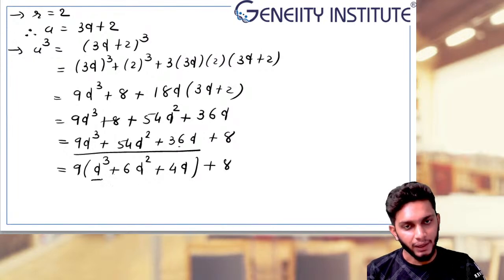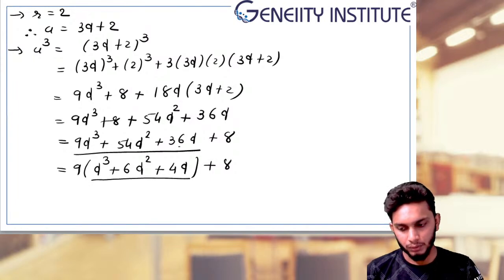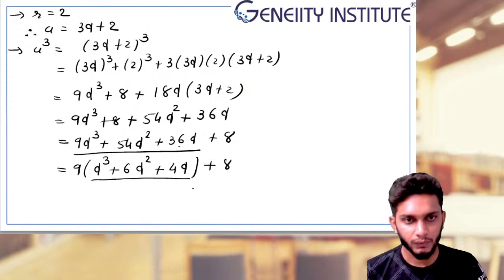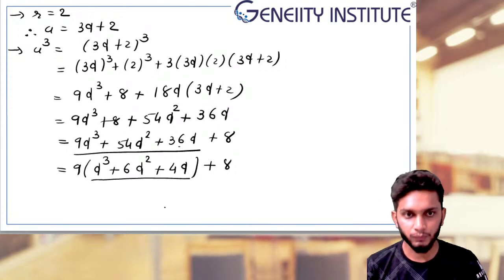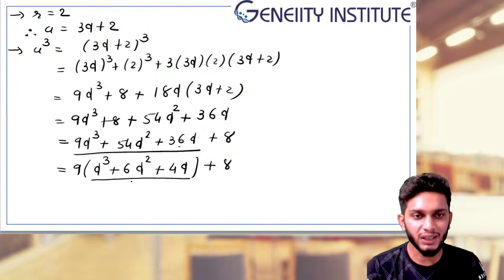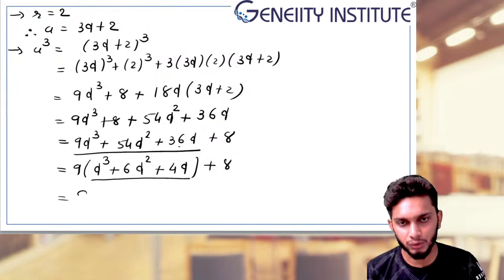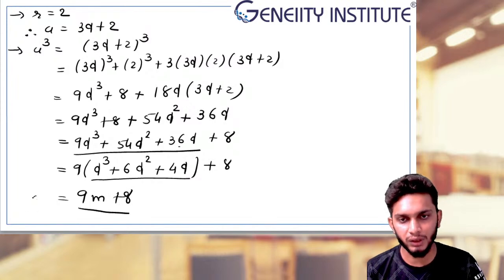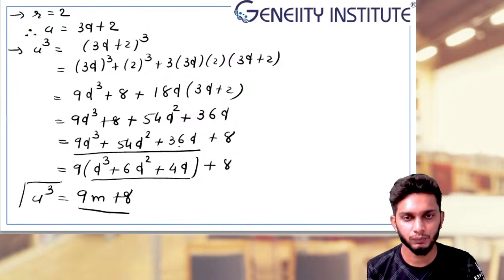Now see this bracket, q cube plus 6q square plus 4q. So in the place of this bracket we can write m, so 9m plus 8. So we get this form.